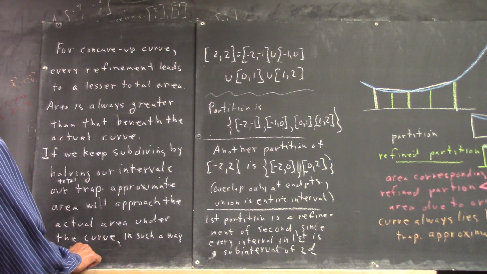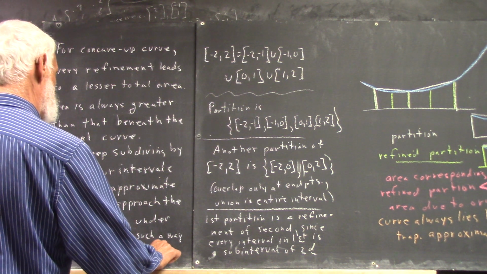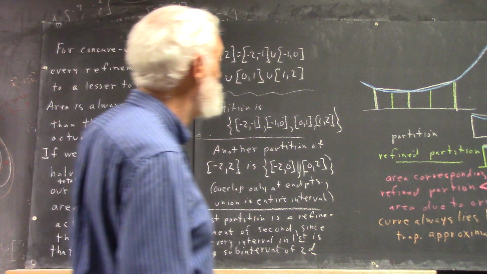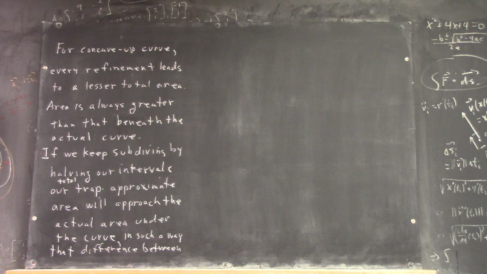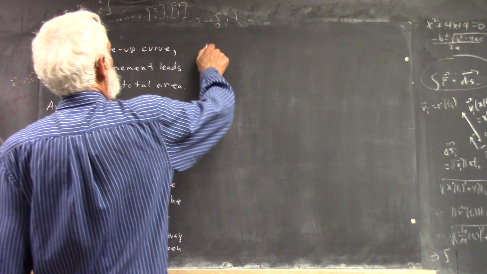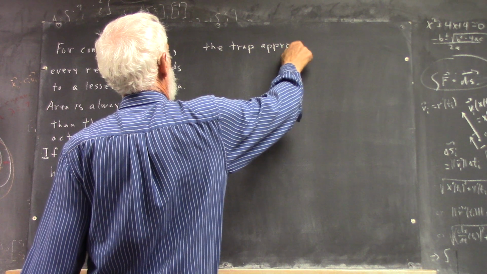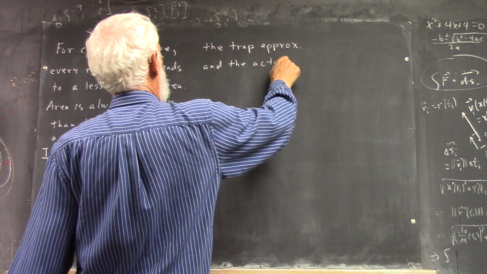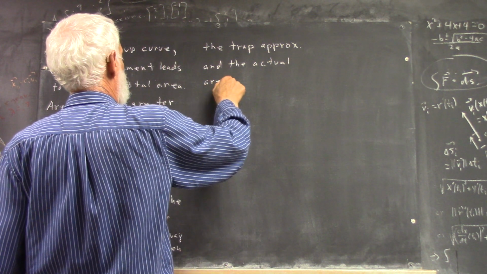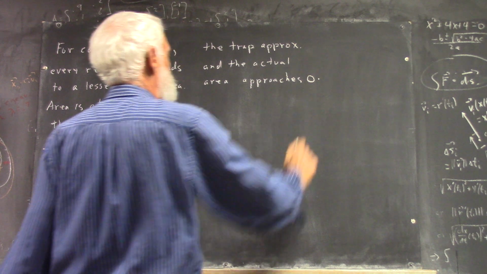In such a way that the difference between the trapezoidal approximation and the actual area approaches 0.